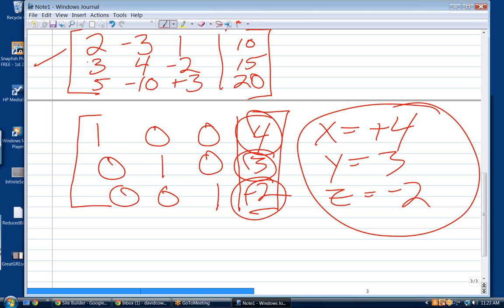We're allowed to switch the order of these rows, not columns, rows. We're allowed to do anything we can do when we're manipulating equations. In other words, this is what we're trying.